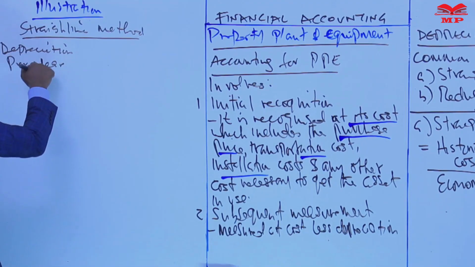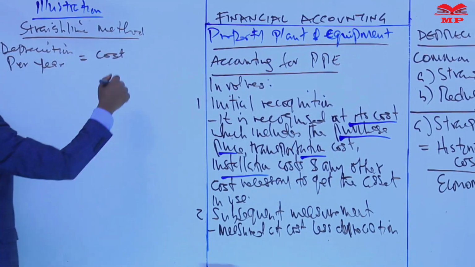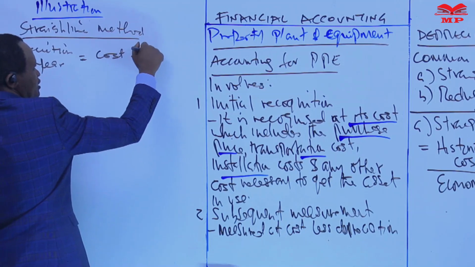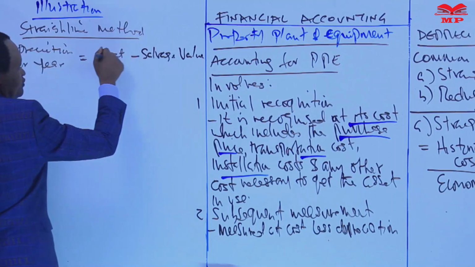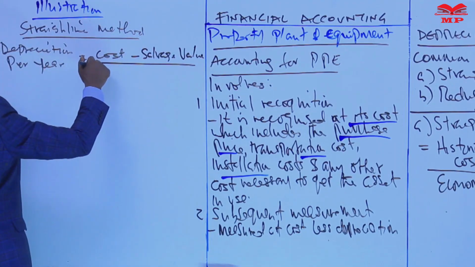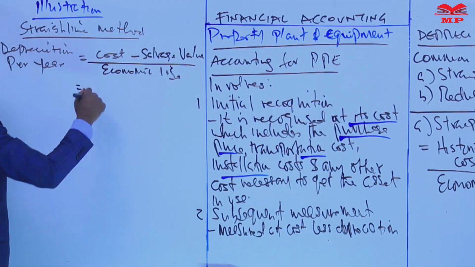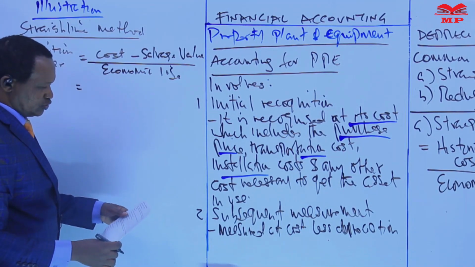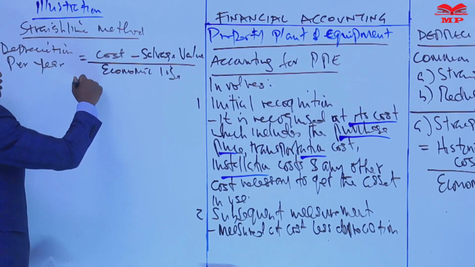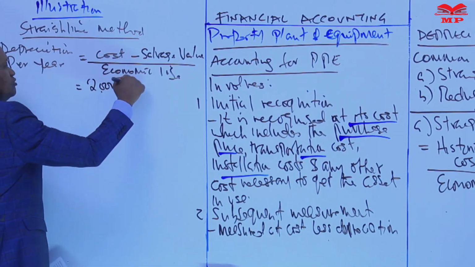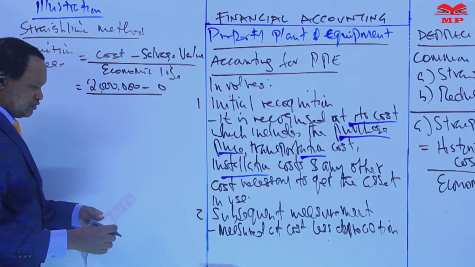Using the straight line method is uniform, and we take the cost of the asset, we deduct the salvage value or scrap value, we divide by the number of years or the economic life. So what is the cost of this machine? It's 2 million. Does it have a salvage value? No. So the cost is 2 million minus 0. We divide by the economic life of 4 years.